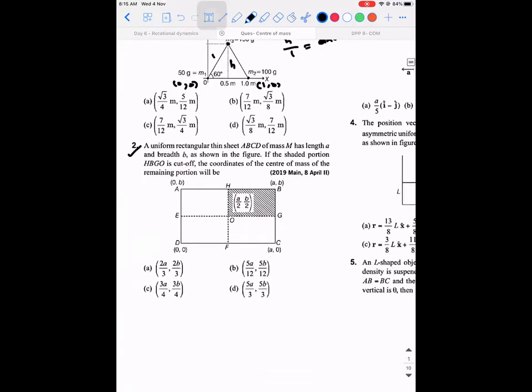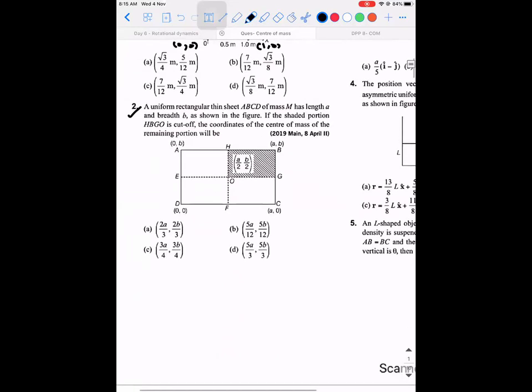A uniform rectangular thin sheet ABCD of mass capital M has a length A and breadth B as shown in the figure. If the shaded portion HBGO is cut off, then the coordinates of the remaining part of the system will be. Guys, please make a note.